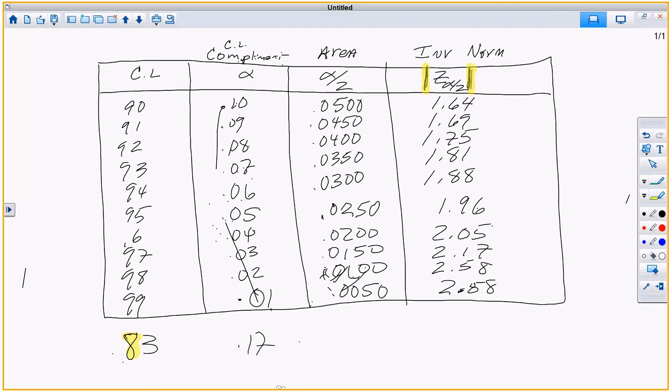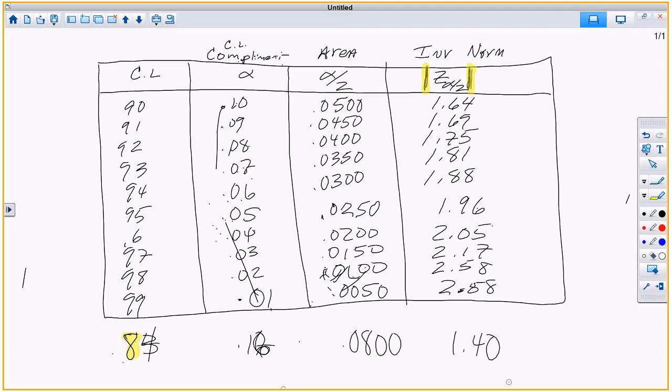What's half the set? Let's make it 84, please. 84 would be 0.16. What's half of 16 cents? 0.08, and somebody do inverse norm of 0.0800. What do you get? 1.40.